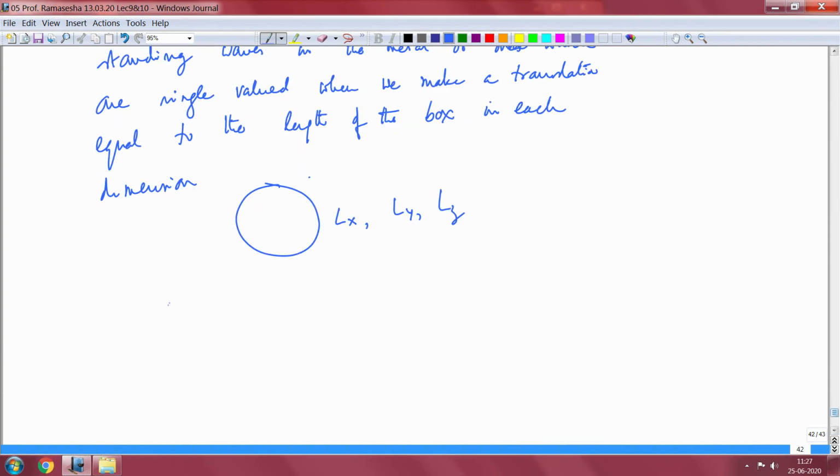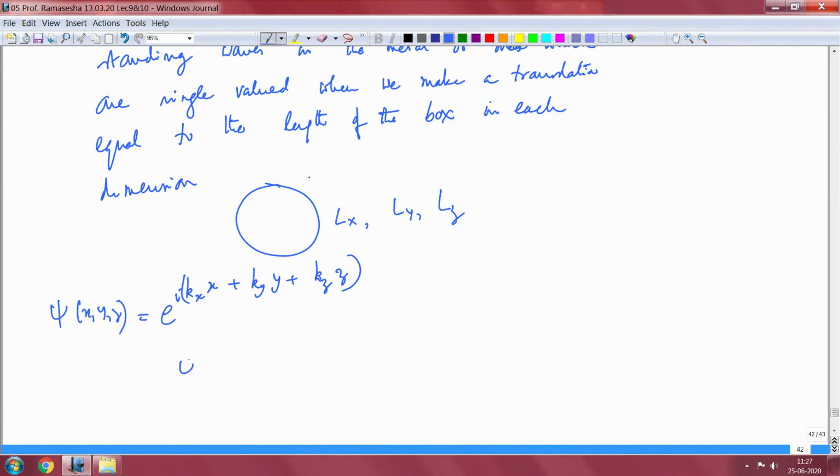If I look at the wave function as e to the power i (kx times x plus ky times y plus kz times z), then psi of x, y, z is equal to this one.